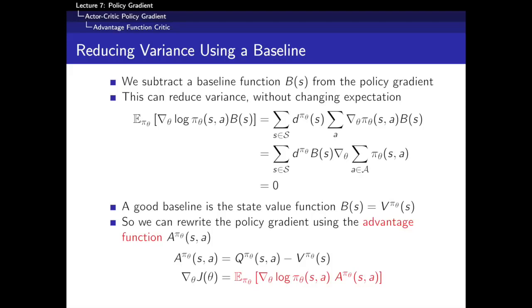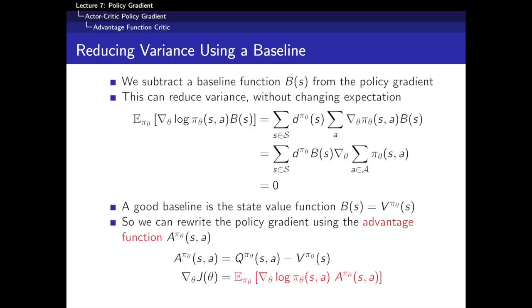And the particular baseline which we're going to choose is the state value function. Okay? So what we're going to do is start off with our q values, our action value function, and subtract off the state value function. What we're left with is something called the advantage function.